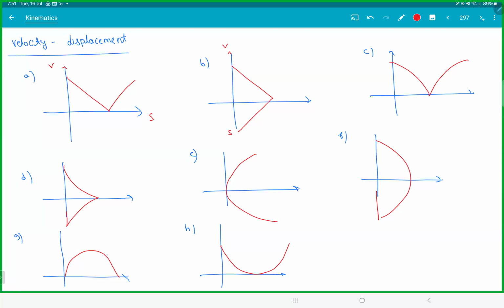Find which are wrong. Take a minute, think about it, then we will discuss. This is just for one collision. Ball goes up and comes back to the ground.